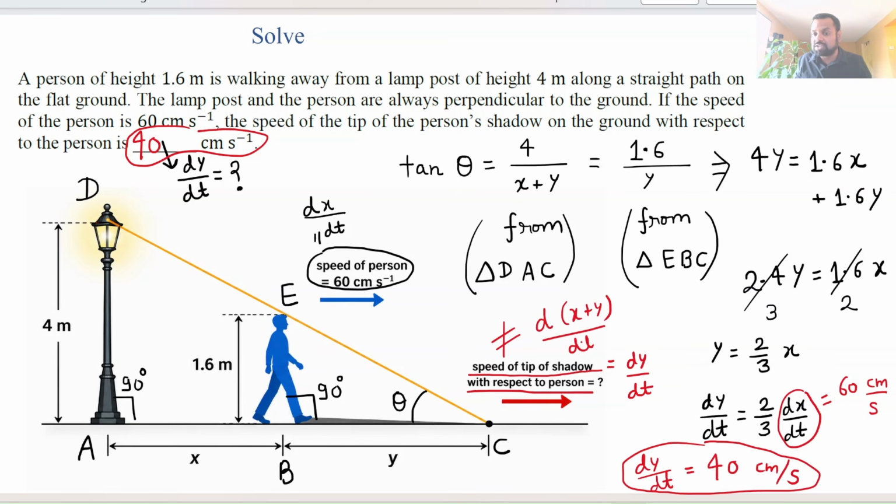That you have to understand. x plus y is the total distance from fixed point A. So if you calculate that, that will tell you the absolute speed of point C. But the question is asking with respect to the person, so that will just be the rate of change of y, and that is 40 centimeter per second.